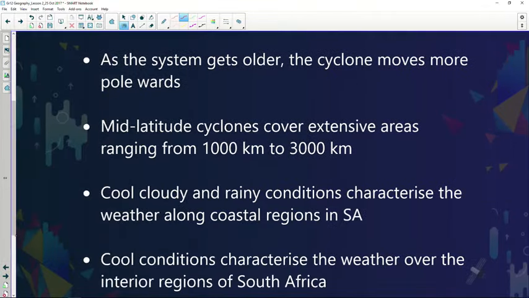Now, if you look at mid-latitude cyclones, they're quite massive low pressure systems. They can range between 1,000 to 3,000 kilometers in diameter. And I mean, a mid-latitude cyclone can affect all of South Africa.